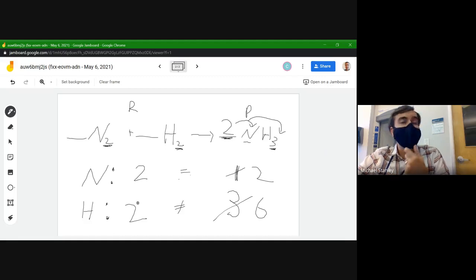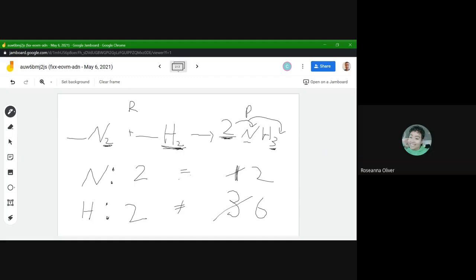Is there something we could do on the reactant side to give us 6 hydrogens? Is there anything we can do with these hydrogens to make it so that we have 6 hydrogens instead of 2 hydrogens? Would you put a 3?